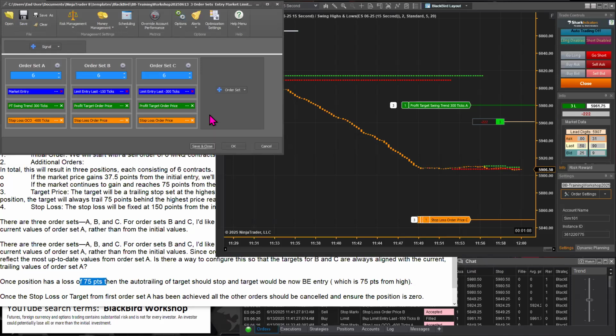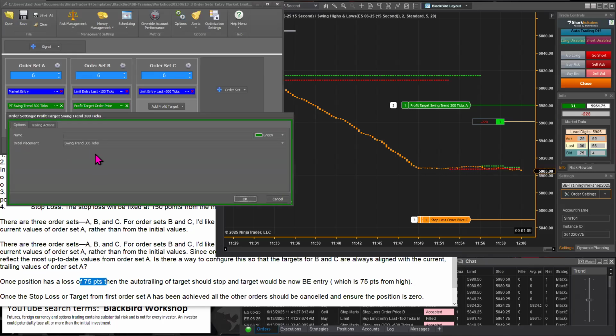All right, but in any case, let's see here. All right, so I'm going to delete this profit target, and let's start with our first profit target here, and let's go into the trailing actions.